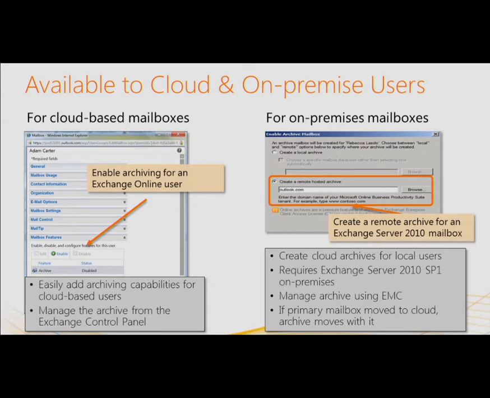And if you're in a hybrid scenario, you have just the archive mailbox in the cloud. So you go ahead and enable the archive mailbox only, which is the only option that you're going to get there. And after that, on-premise, what you do is you create a hosted archive mailbox for that end user. So that's going to help you connect the user that's sitting on-premise with the archive mailbox sitting in the cloud services.